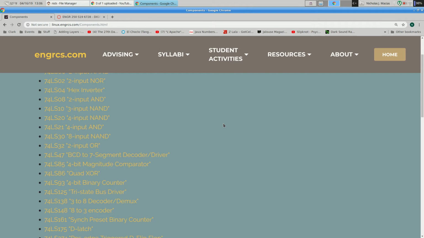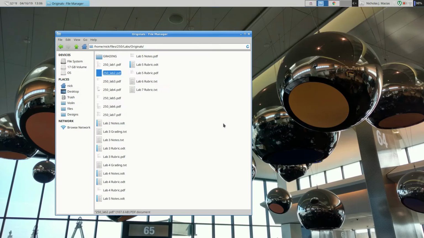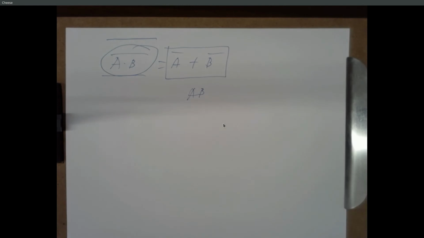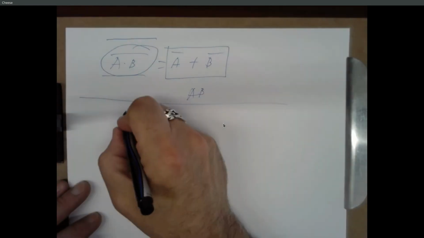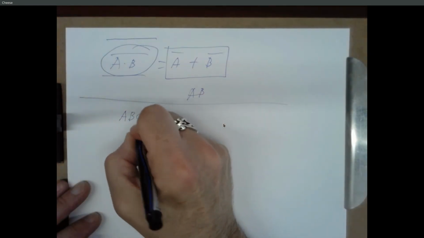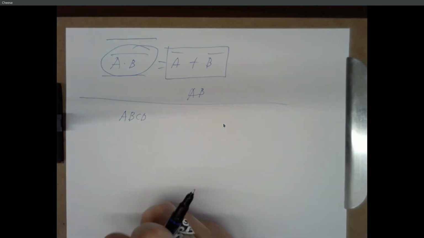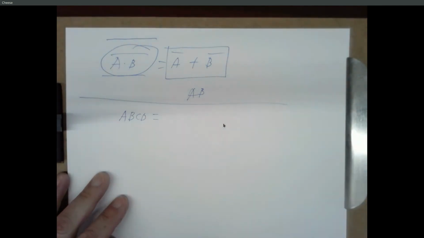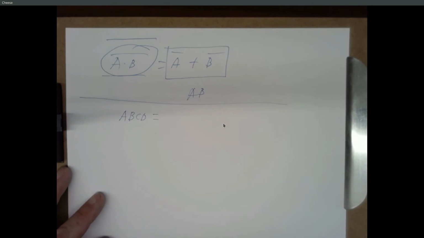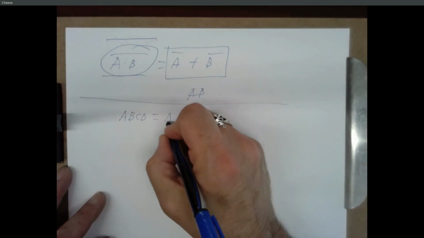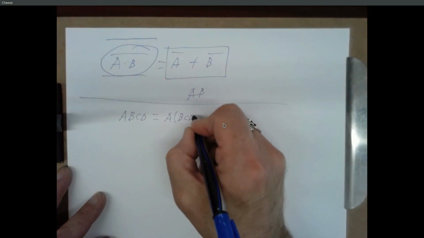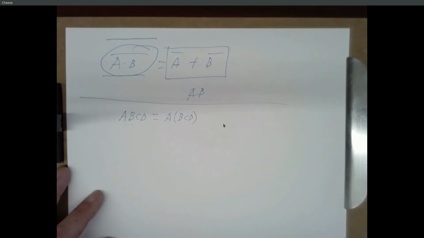But in reality, if you need a 4-input AND gate, we can do some more algebra. Let's say A, B, C, D. So that's the AND of 4 things. Well, remember, this is an associative operation, so this is actually equal to A ANDed with the results of a 3-input AND operation.